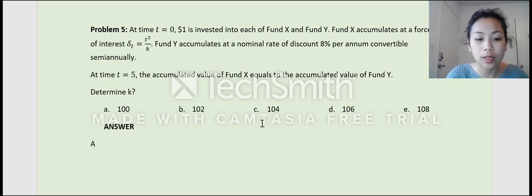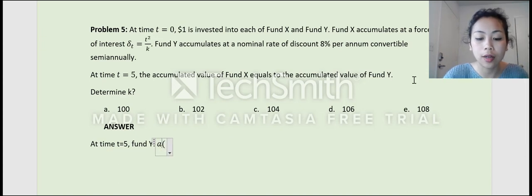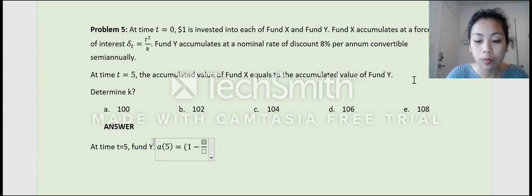So at time t equals 5, for fund Y, we have A of 5 equal to 1 minus 0.08, because this is discount rate convertible semi-annually, so that is d^(2).